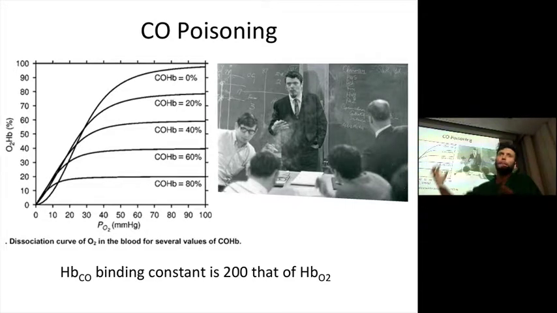So carbon monoxide binds to hemoglobin and does not come off. It does not come off. It's a problem. You're effectively taking hemoglobin out of your operational pool. So even though they think they're getting themselves ready for the test, they're actually doing the worst thing possible to prepare for that test.